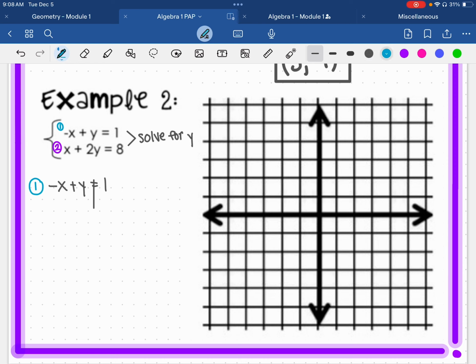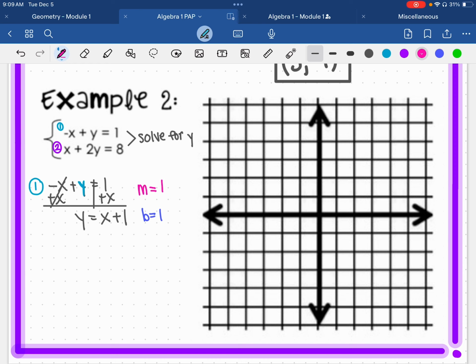I'm going to move that x by simply adding it to the other side. Remember, this is not a number in front of y, so I'm not going to divide. I simply will move it by adding or subtracting. In this case, I'm going to add because it is a negative number. Now I can see that my y-intercept is 1 and my slope is also 1.